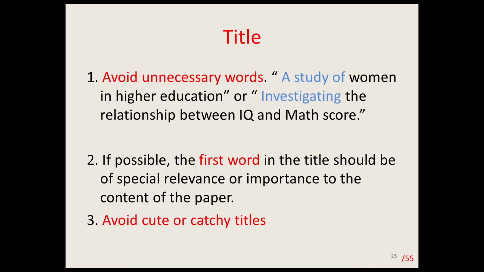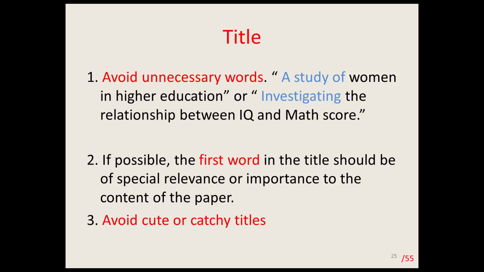For the title that you choose for your research, you have to avoid unnecessary words. For example, when you say a study of women in higher education, the part a study of is actually unnecessary. So if you simply say women in higher education, it's the same as a study of women in higher education.